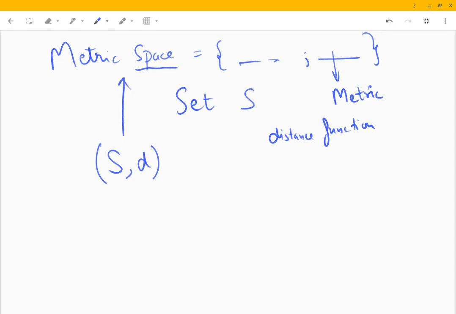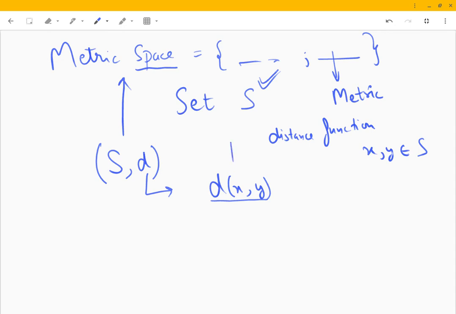Now, there are three properties. First, the distance between any arbitrary x and y belonging to the set which we are talking about, or not necessarily the distance, and we will do an example of that as well.